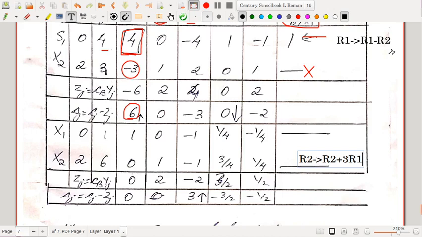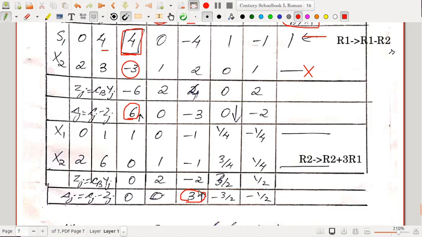This second row plus 3 times the new first row. So it's 3 plus 3 into 1, so it's 6. This one will be 0, so that way the computation is done, and then you calculate delta j, which is cj minus zj, and one of them comes out to be positive. Since it is positive, our solution is not optimal so far.